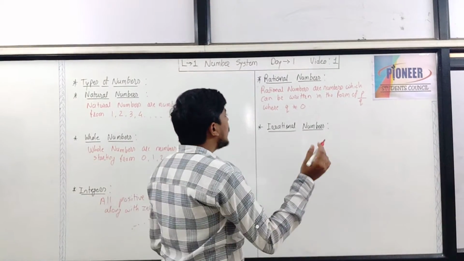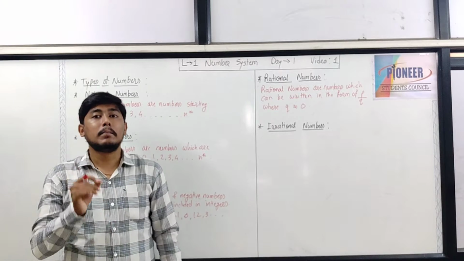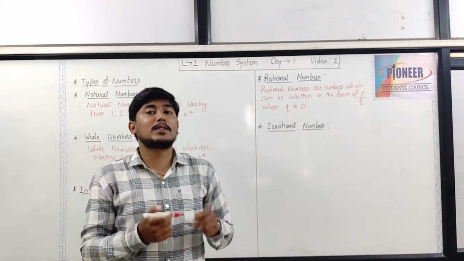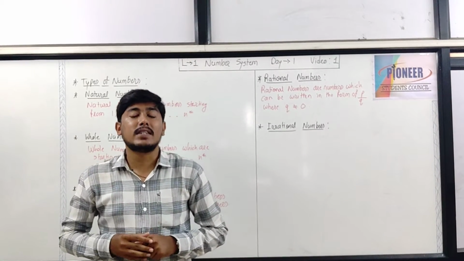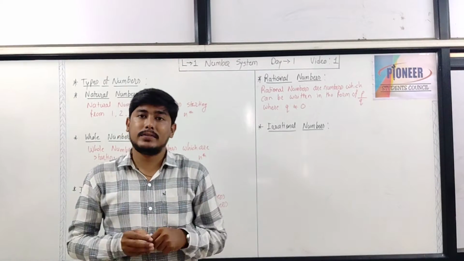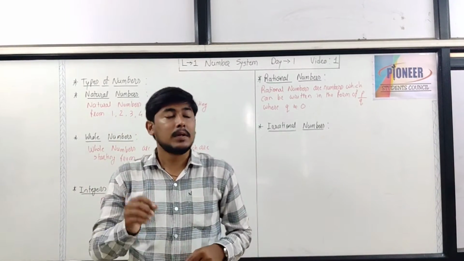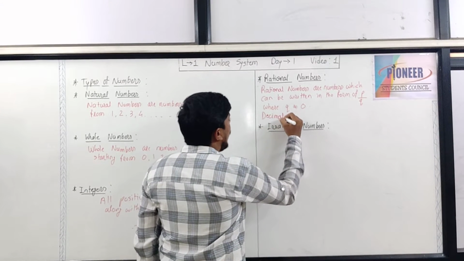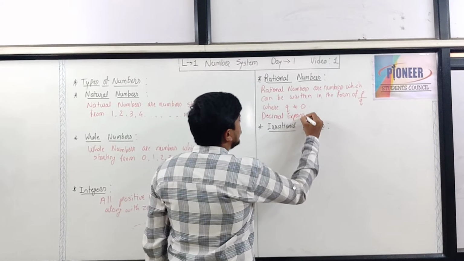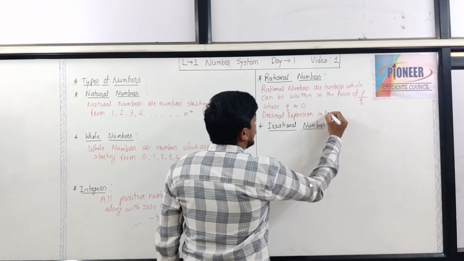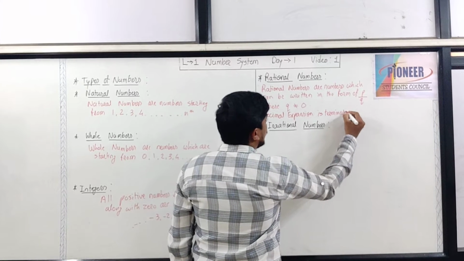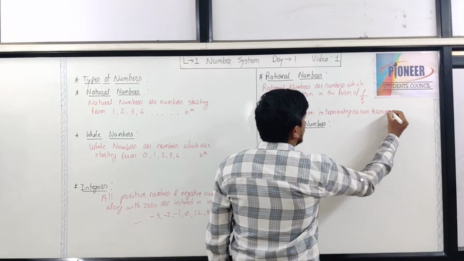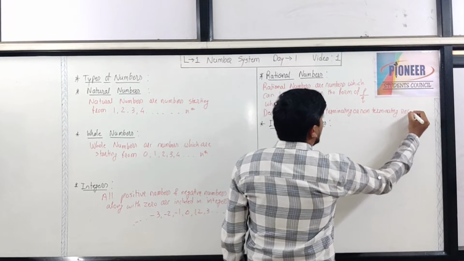If we talk about decimal expansion, means if we convert any rational number into decimal form, then the decimal expansion of a rational number is always terminating or non-terminating but recurring.